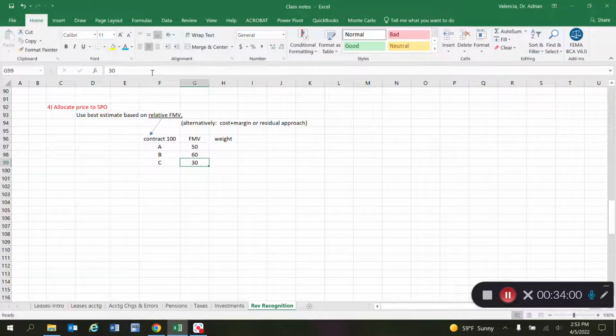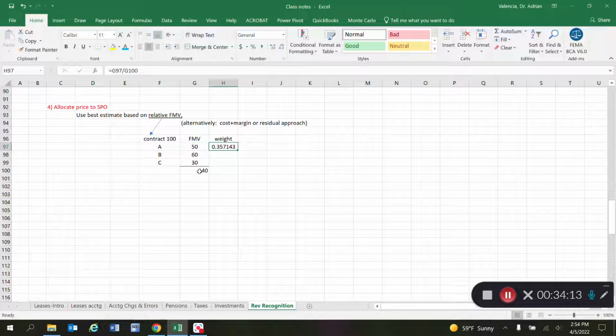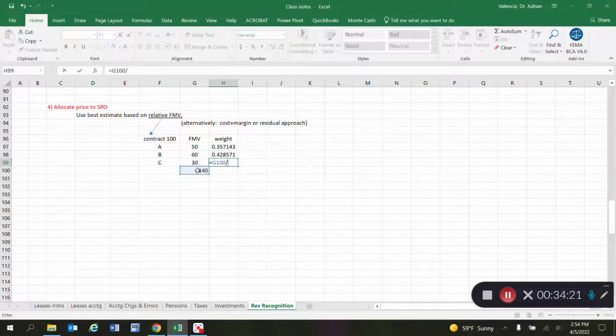Let me sum up the bottom here. So I'm going to go in there and say 50 out of 140 represents the weight, or 35%. Same thing here, 60 out of 140 represents this amount. And for the sake of completion, I'm just going to do this last one here.